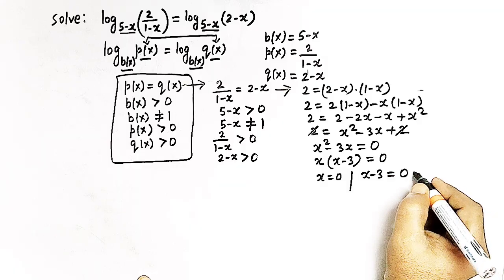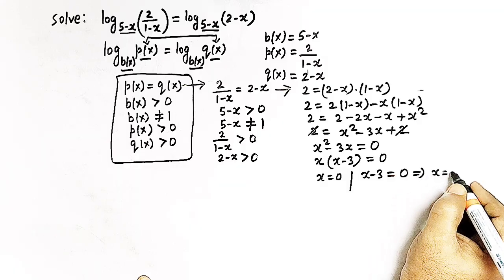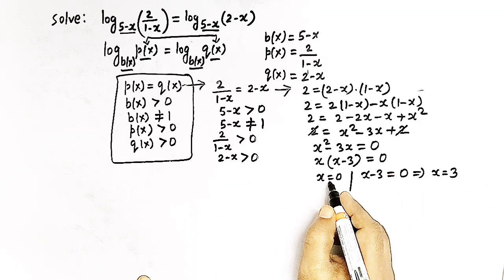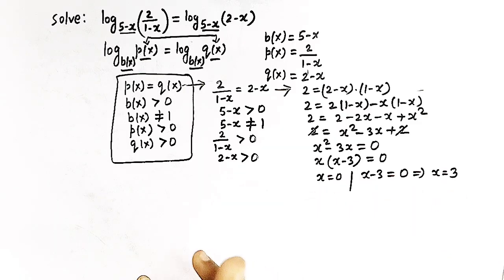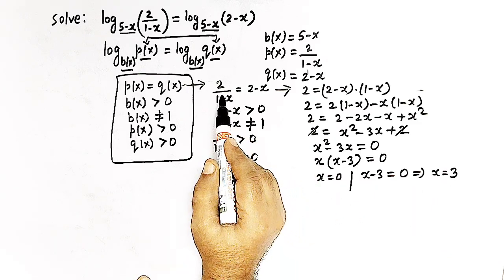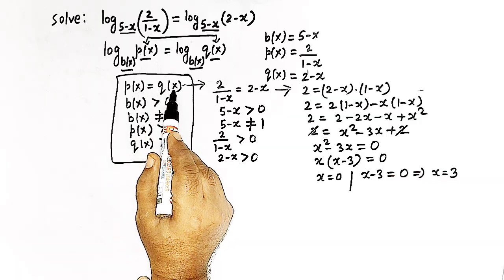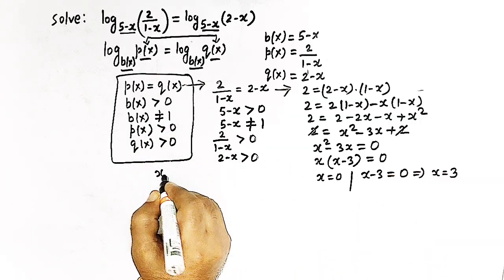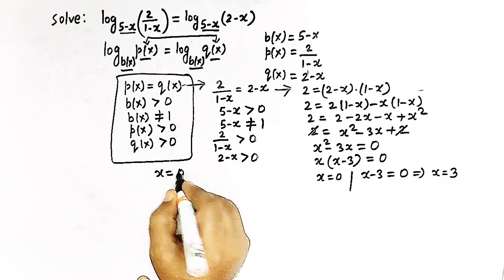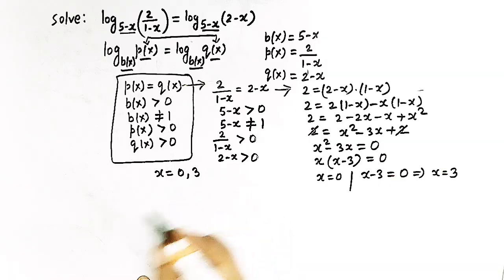So from here we have x is equal to 3. So now we have obtained two values of x using this condition, that is p of x is equal to q of x. So we have two values of x, 0 and 3.